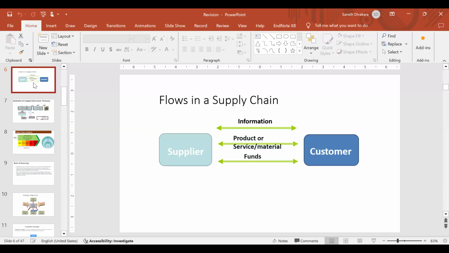They change the shape or go through different processes, and they make a product. This is where the value is added. Then it comes back to finished goods, and again it goes to the customer. This is the material flow, then funds.